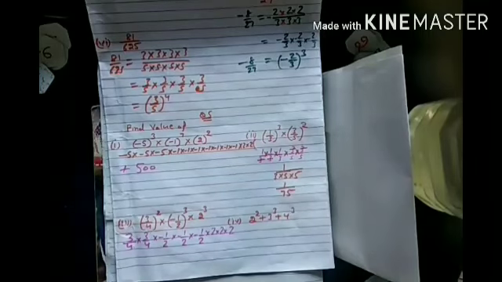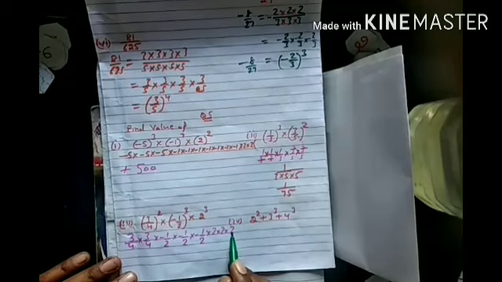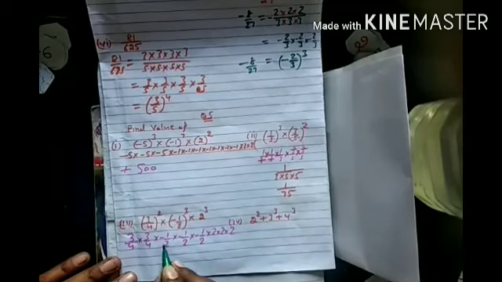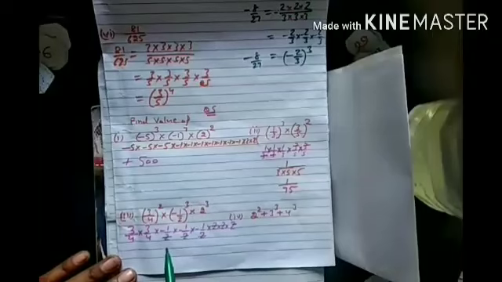Here you will see that 2 2 2 is 3 times in the denominator, and 2 2 2 is 3 times in the numerator. So this 2 will cancel this 2, this 2 will cancel this 2, this 2 will cancel this 2.